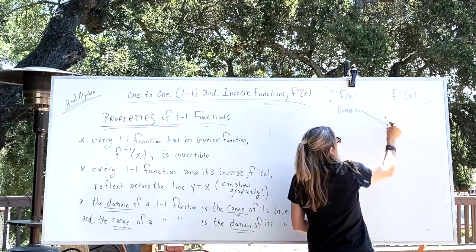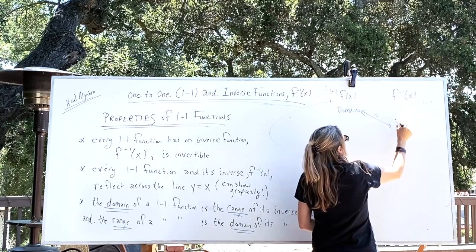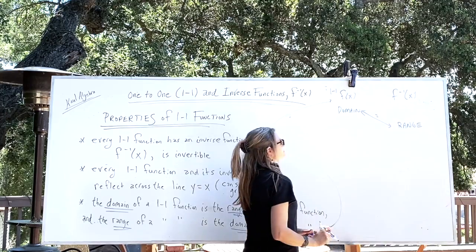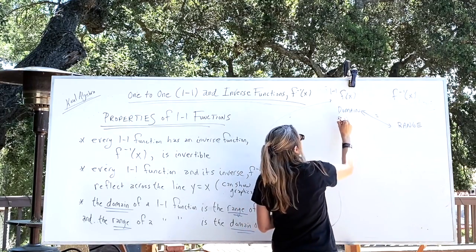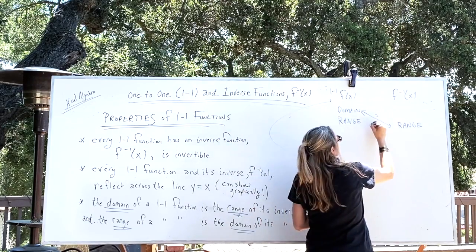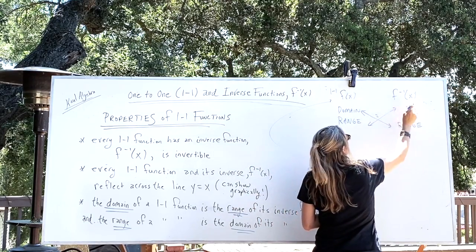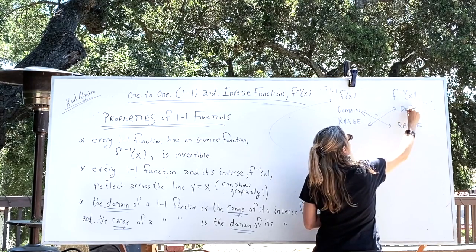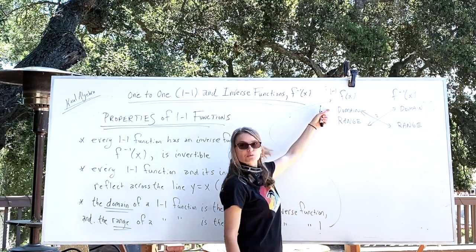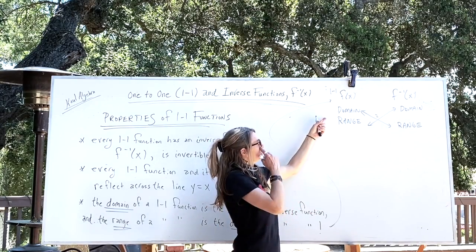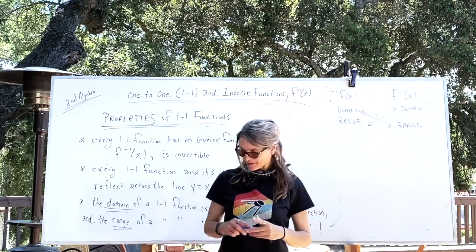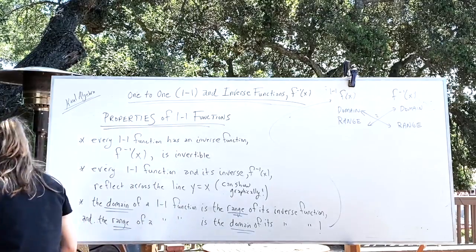So this domain becomes equal to the range of my inverse, and the range of my function becomes equal to the domain of my inverse. So if you know the domain and range of your one-to-one function, you could just swap those and you automatically have the domain and range of your inverse. A nice little trick. Okay.